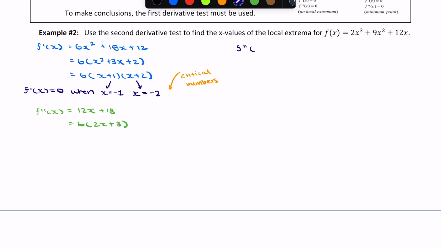So here, if we sub in f double prime of -1, we'll get 12 times -1 plus 18, and that will give us a value of 6.